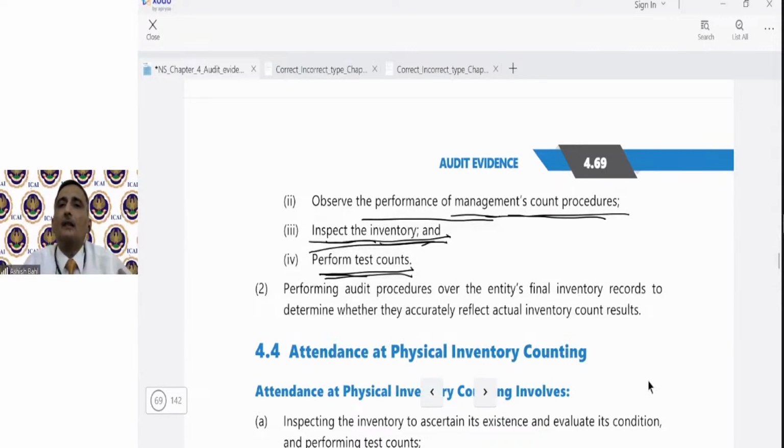So the auditor can verify one stack, how many bags are there in one stack, and thereafter he can count the number of stacks and arrive at the estimate. By performing such a count he can know whether the counting made by the company staff is proper or not.